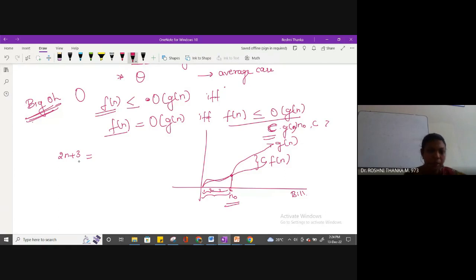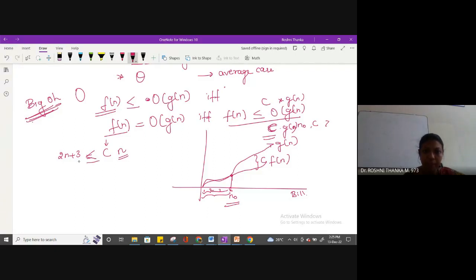For g of n, I am giving the value n. So we have to find for which value of c and from which value of n this condition will be true. What is the condition? Always f of n should be less than or equal to c into g of n.